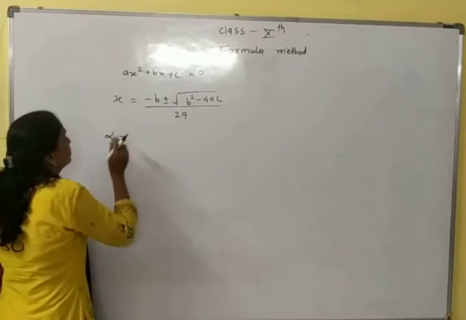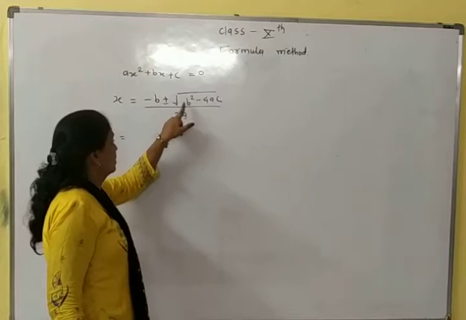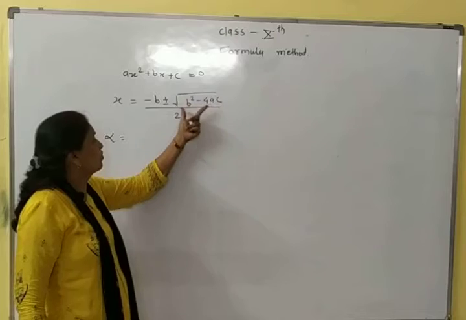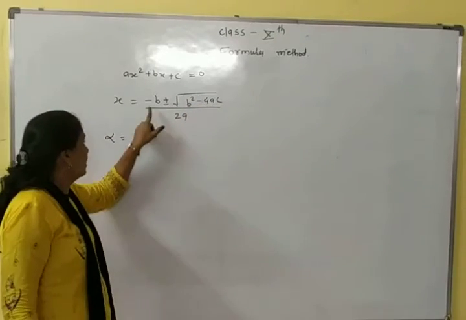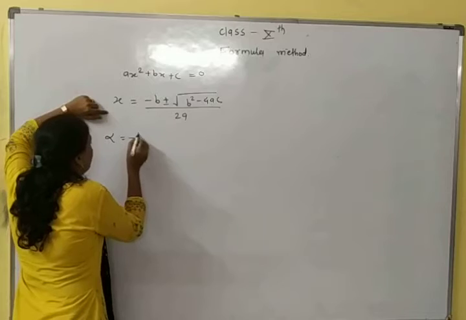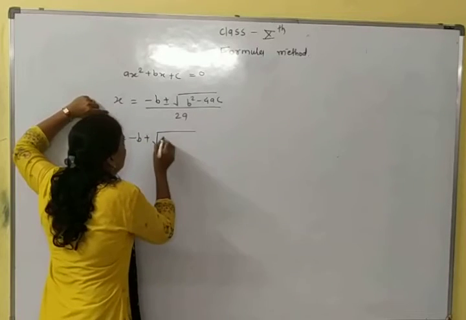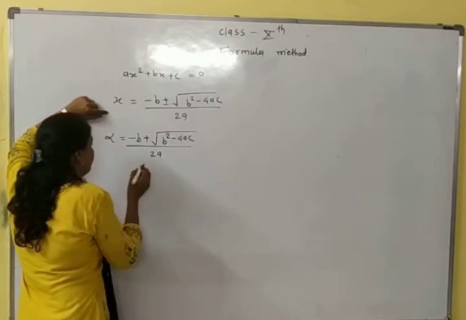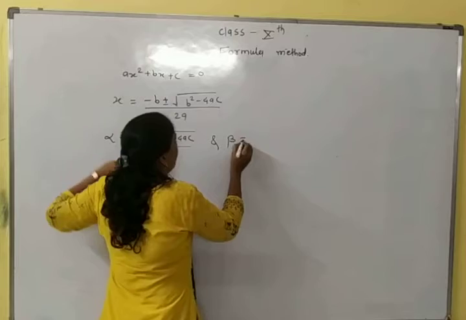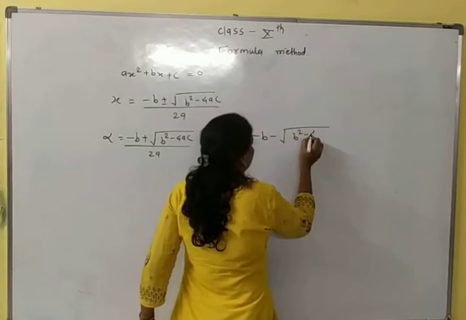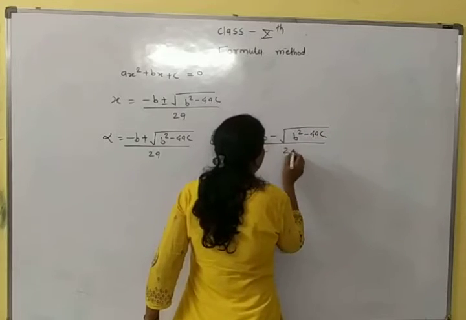Then alpha is (−b + √(b² − 4ac)) / 2a, and beta is (−b − √(b² − 4ac)) / 2a.